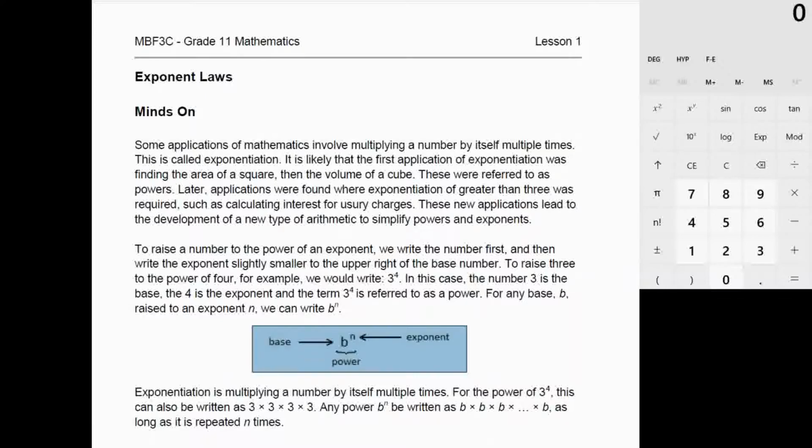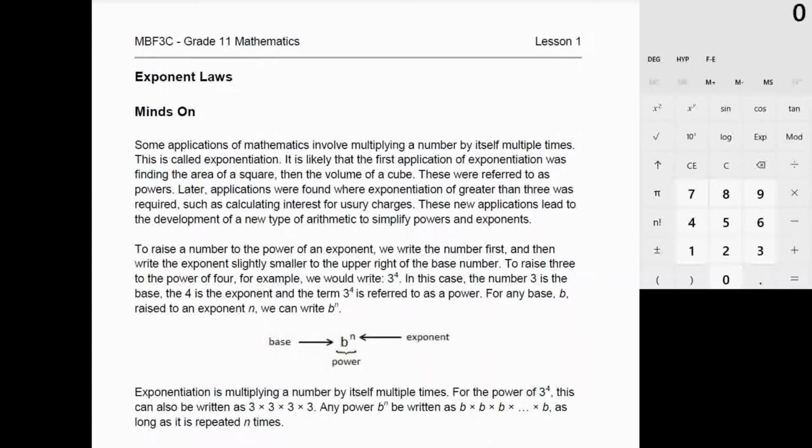So when I refer to each of these, you need to understand the difference of the words that I'm using and what they mean. And really why we use exponents is because it's easier than writing a repeated multiplication, as we see over here. The expression 3 times 3 times 3 times 3 takes up a lot of physical space on a paper, so it's easier to just write 3 to the power of 4.